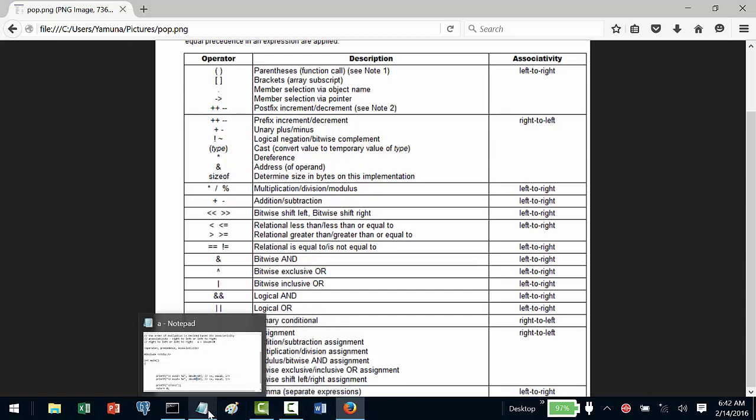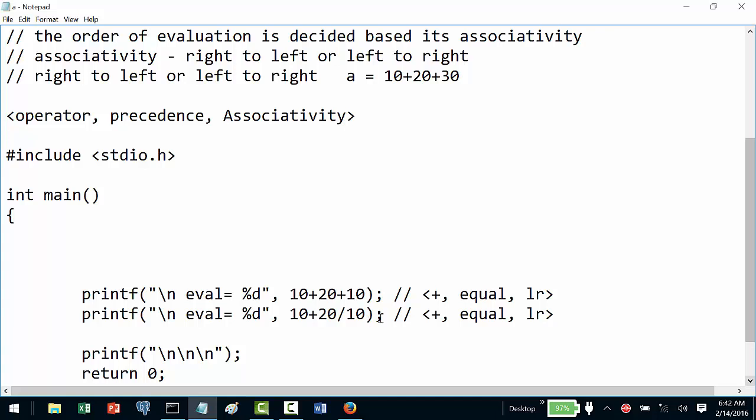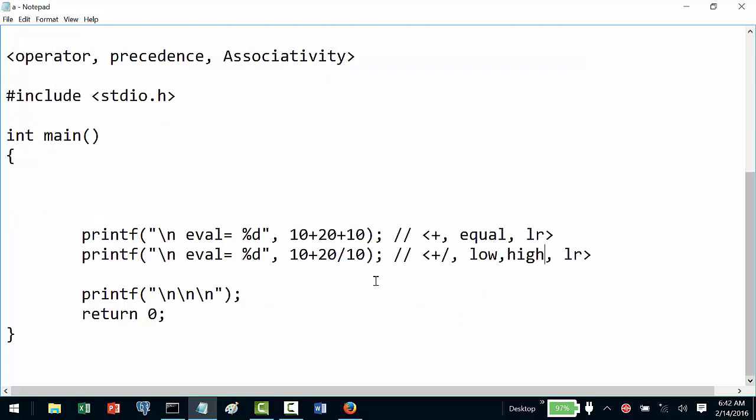So let me go and look at our code. So now what happens is we have two operators, plus and division. So one has low priority, the other one has high priority. I'm just doing the mapping. And then of course the evaluation is left to right. So first what it will do is it will do 20 by 10.